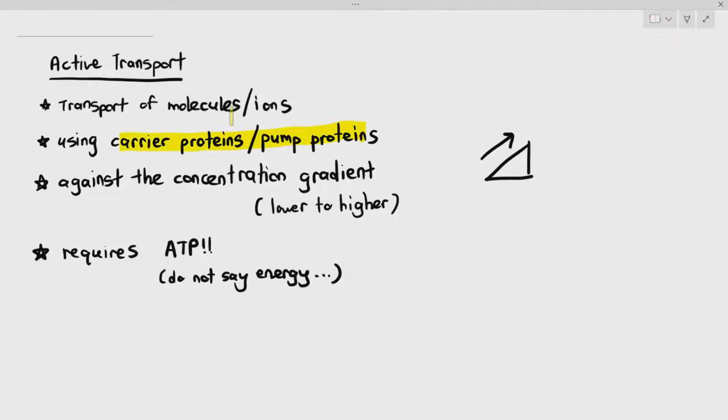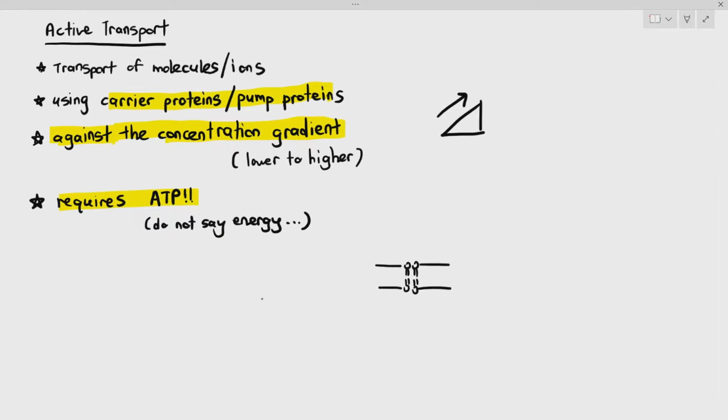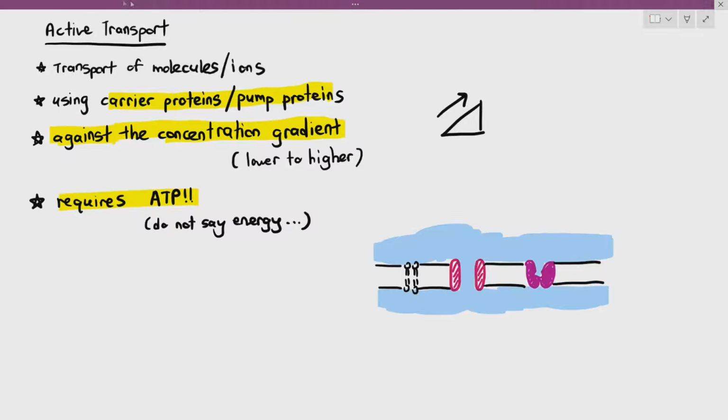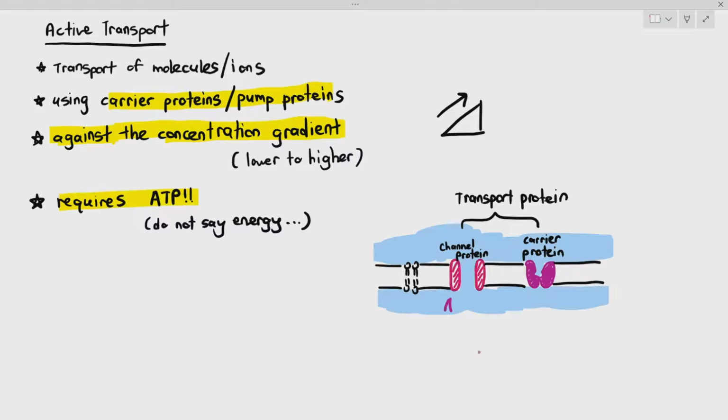Another very important thing to know about active transport is that it also uses transport proteins, but they do not use channel proteins. Channel proteins are only used in facilitated diffusion, but carrier proteins, or pump proteins in this case, carry out either facilitated diffusion, and some carry out active transport.